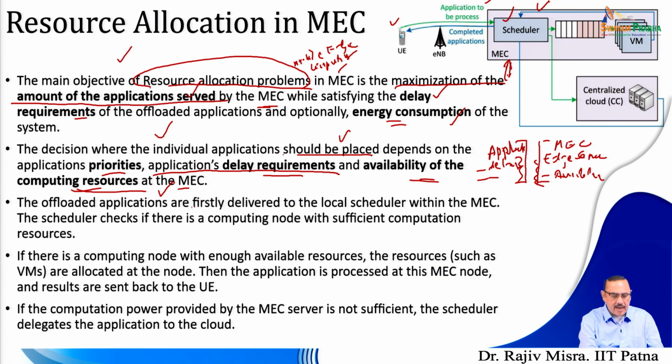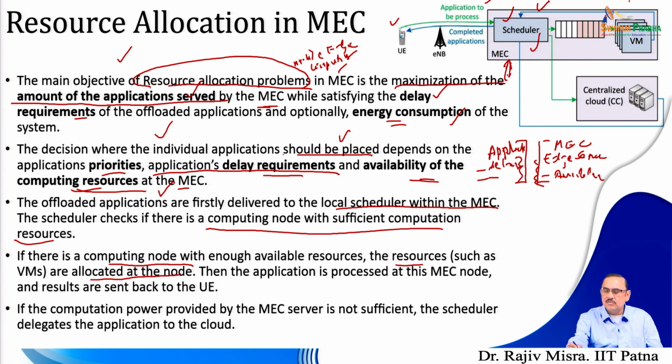The scheduler within the MEC checks whether a computing node with sufficient computation resources exists or not. If there is a computing node with enough resources, then virtual machines are allocated on the node.